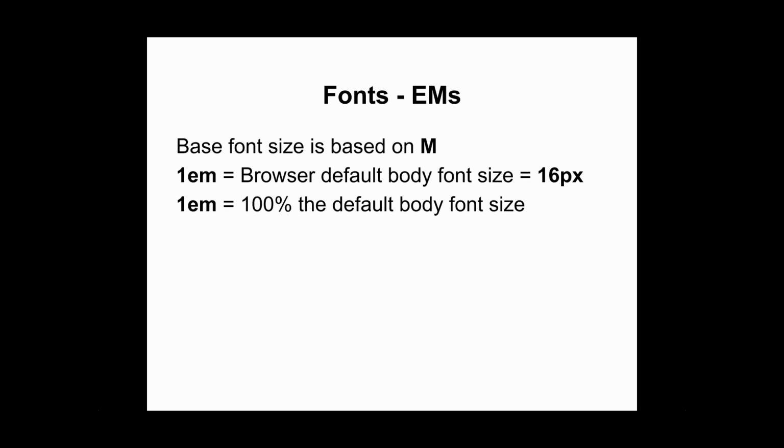So 1em, the default body size, will be 16 pixels. Think about if you're putting together a web page and don't add any CSS at all, you're looking at about 16 pixels for your default font size. So 1em will be equal to 16 pixels, which is pretty much 100% of the default body font size. And obviously 2ems is equal to 32 pixels.